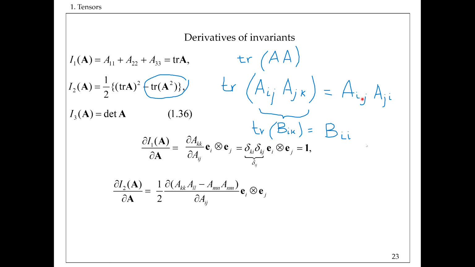Because these indexes are repeating, we can write any letters. They are dummy indexes, and all they represent is summation. So instead of i, we had here m and m. An important thing is that they appear at the right location: the first one and the last one here are dummy m and m, and n and n. So this is the second term, the trace of A squared, or the trace of the new matrix that is the result of multiplication of A and A.